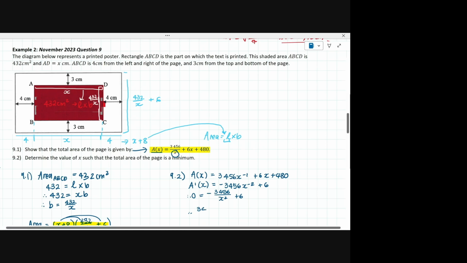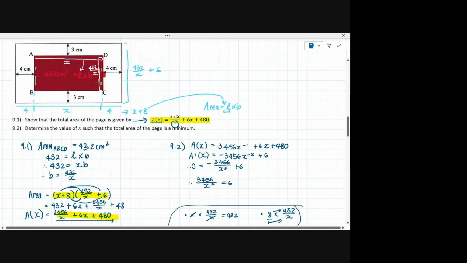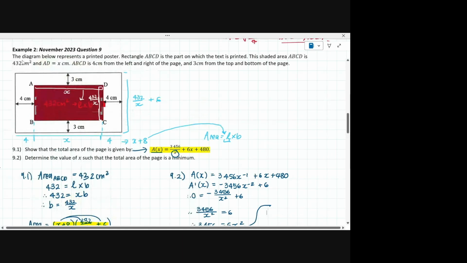So 3,456 over x squared equals 6. Multiply both sides by x squared. I can't write numbers in an order today. Divide both sides by 6 so that we get our x alone. 3,456 divided by 6 is 576.